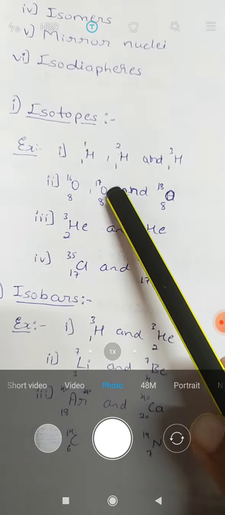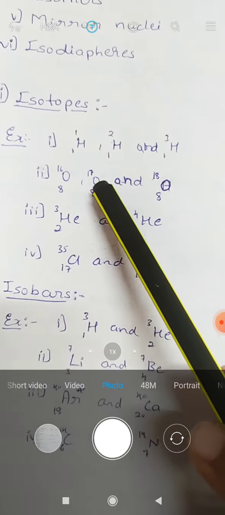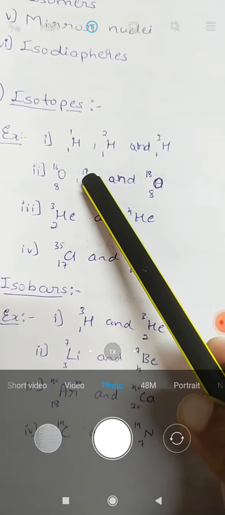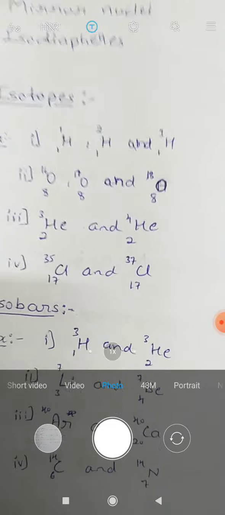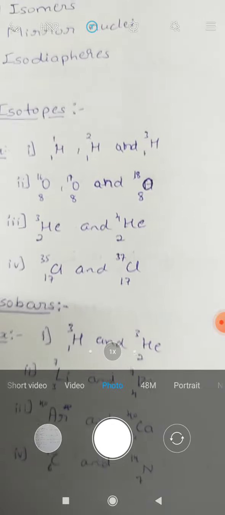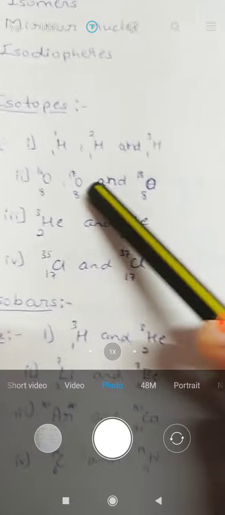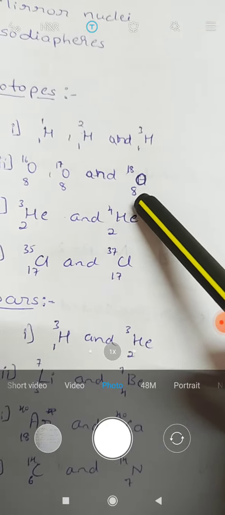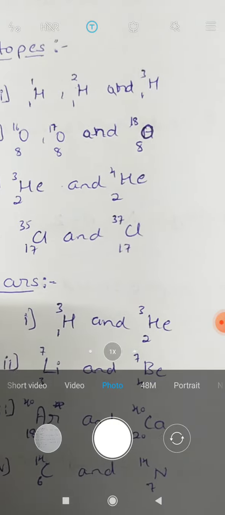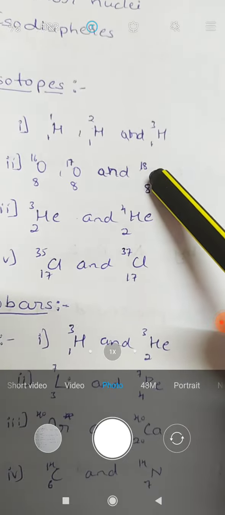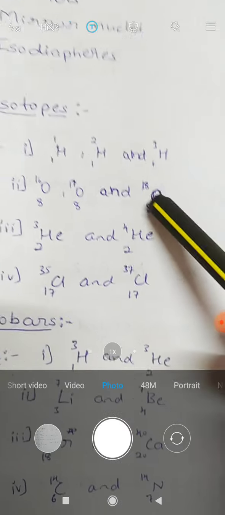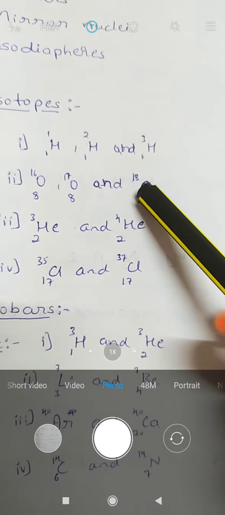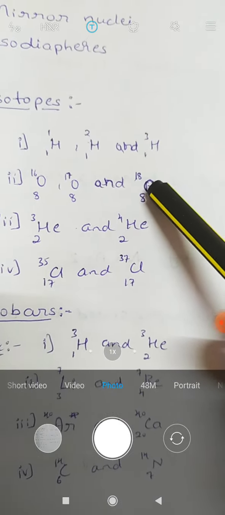In the second case, its mass number is taken as 17, that means 8 protons and 9 neutrons. In this case, the atomic number is 8 and the mass number is 18 for the oxygen element, so it consists of 8 protons and 10 neutrons.